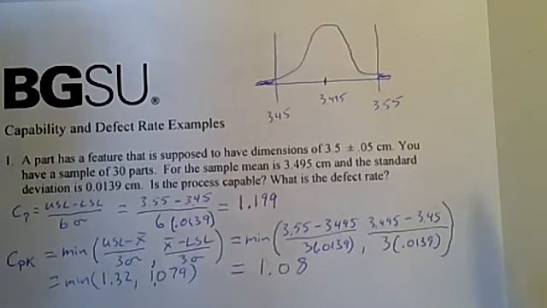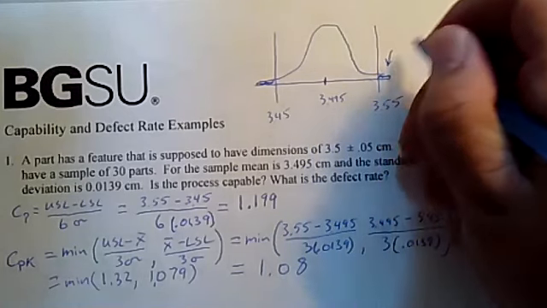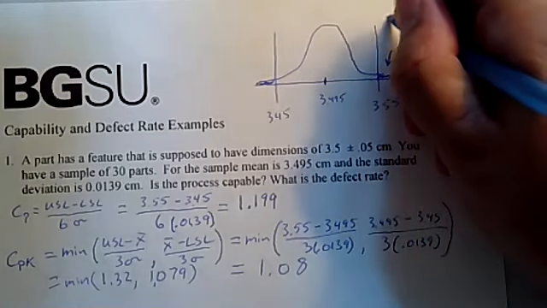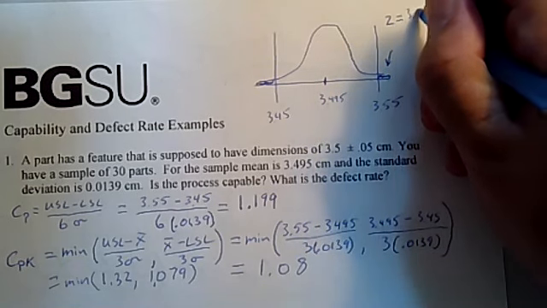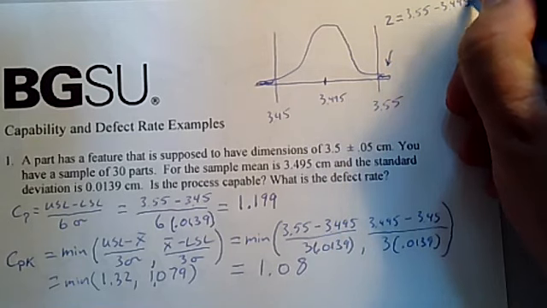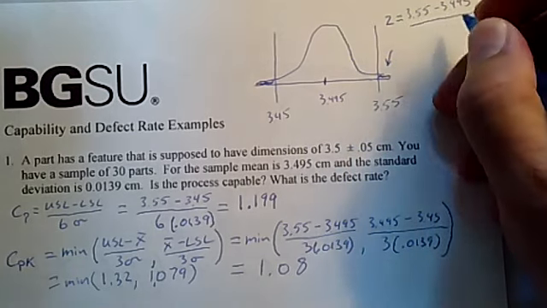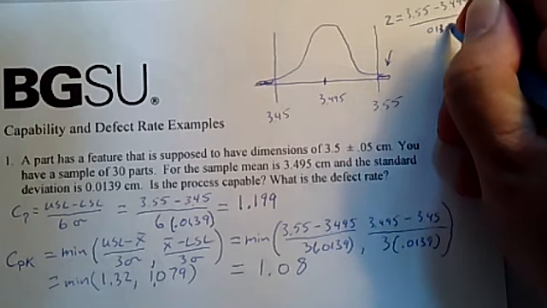And you can use a standard normal table then to find the probabilities of that. In this case, to find this probability, the z-score is going to be equal to 3.55 minus 3.495 divided by sigma, which was 0.0139.